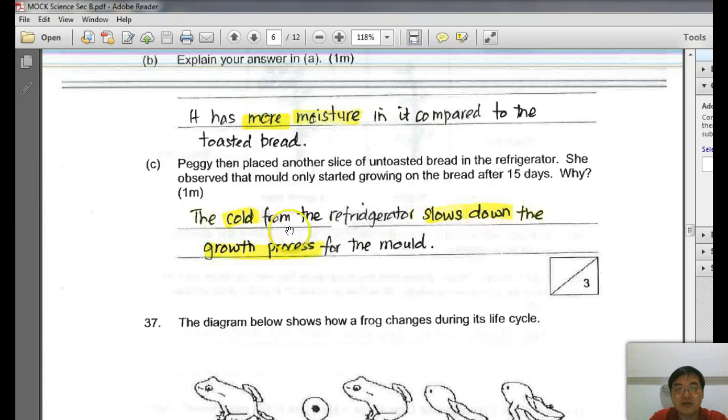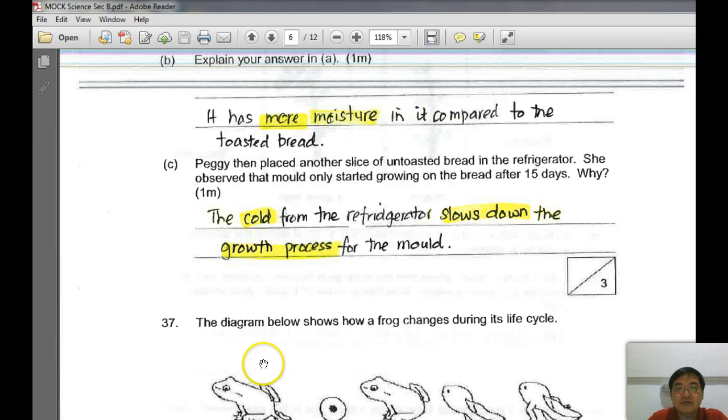Why? It is because the cold from the refrigerator slows down the growing process, it inhibits the growth of the mold. So it is much slower in a cold environment.